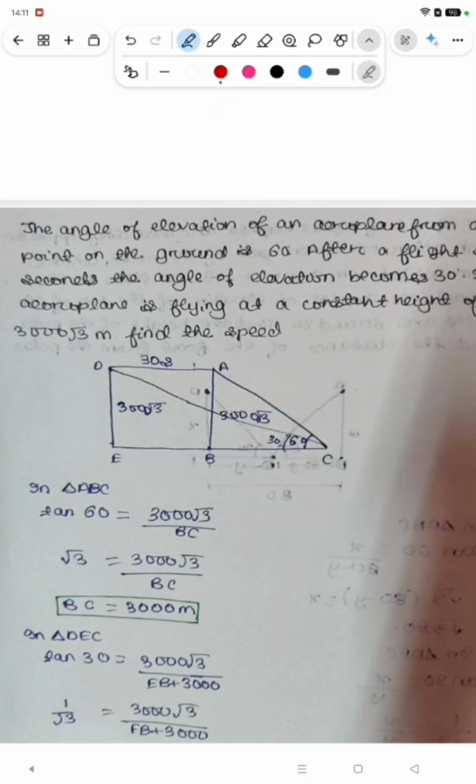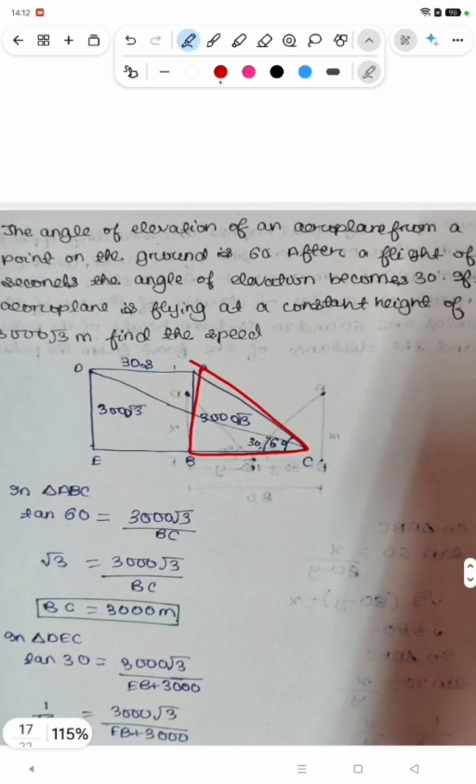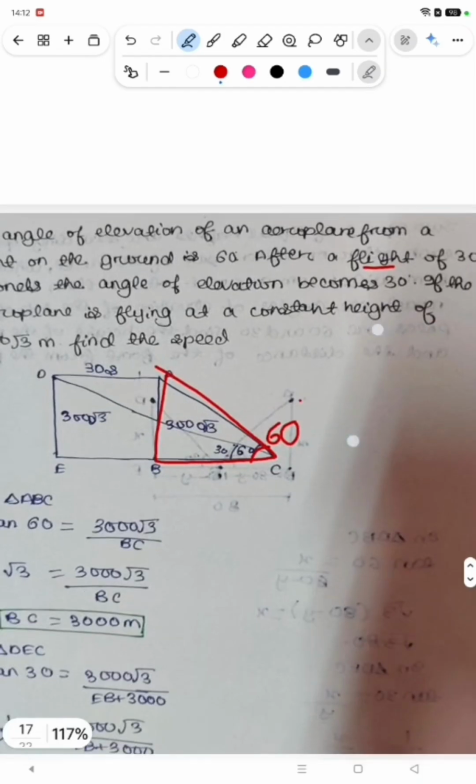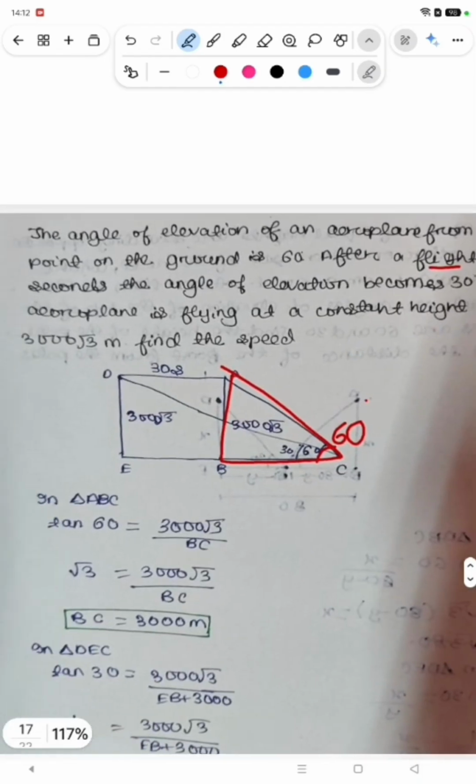60 degree means we have to draw a triangle. So we have to make a triangle ABCD. In the triangle, 60 degree is the elevation angle. After a flight of 30 seconds, means it is given that after 30 seconds it flies, we have to draw a line on the triangle.